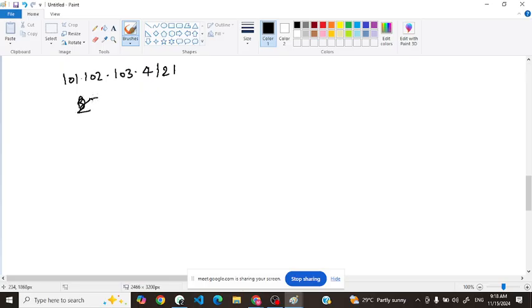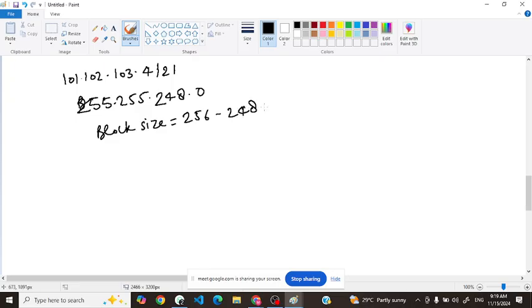Block size? 256 minus 248 is equal to 8. Yes.